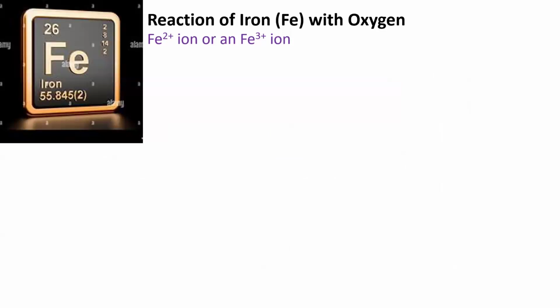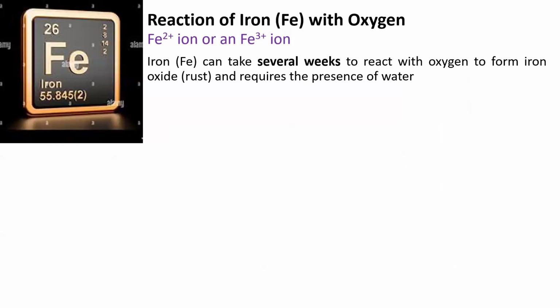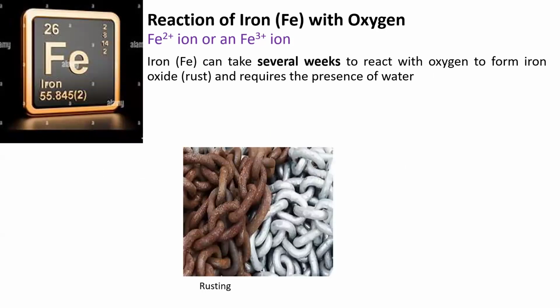If you look at iron, with two possible oxidation states, iron shows a very slow reaction with oxygen. Sometimes it takes several weeks. The most common reaction of iron with oxygen is the rusting that you can see over the surface of iron.